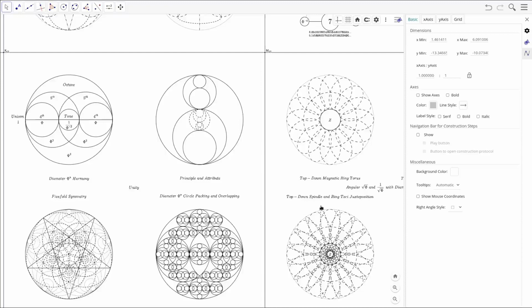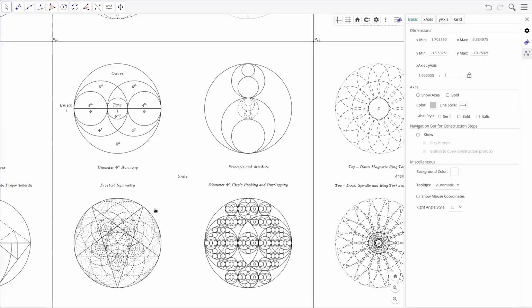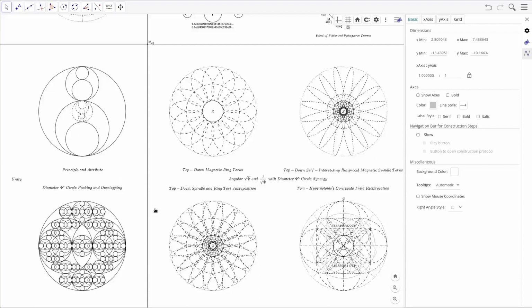And it's self-explanatory, I suppose, but the spindle torus, people don't really get it.